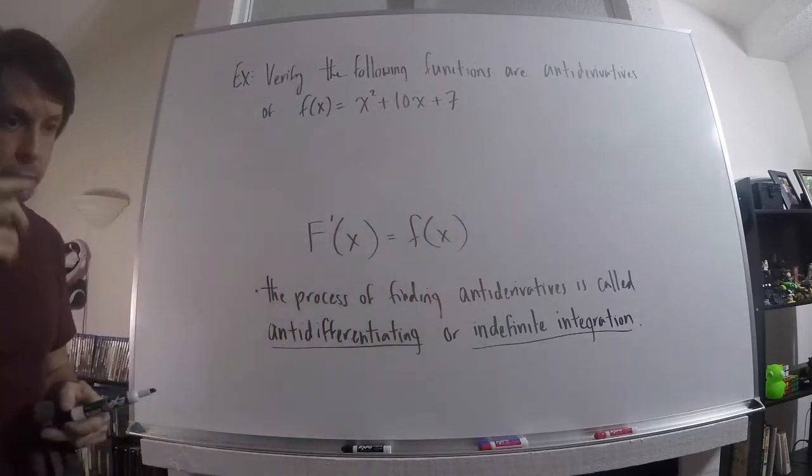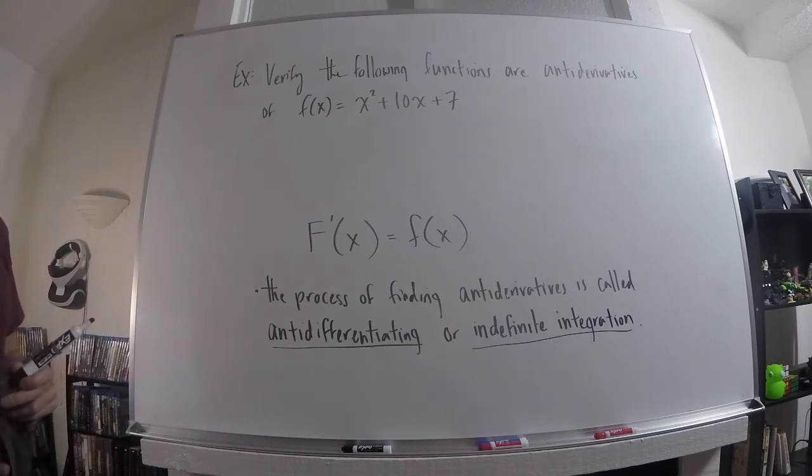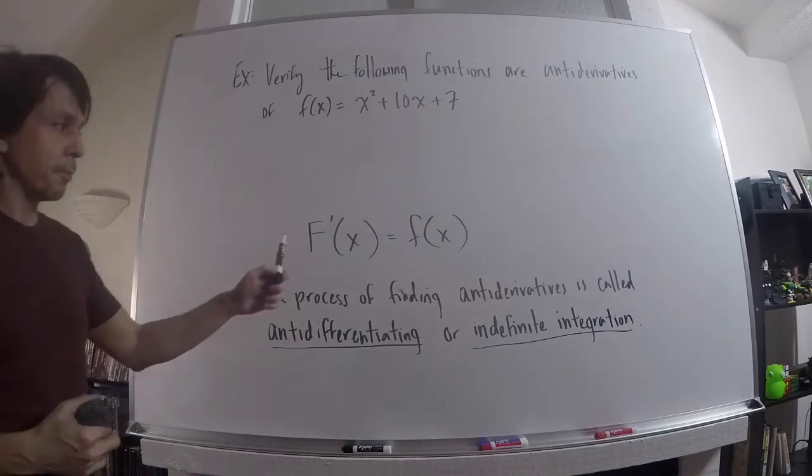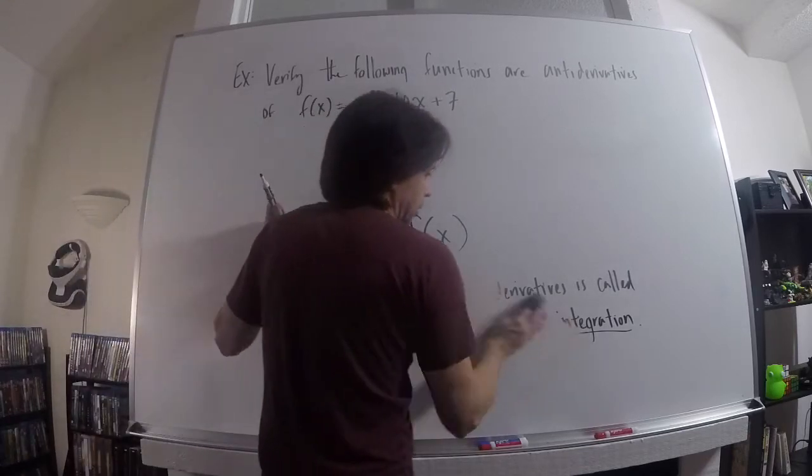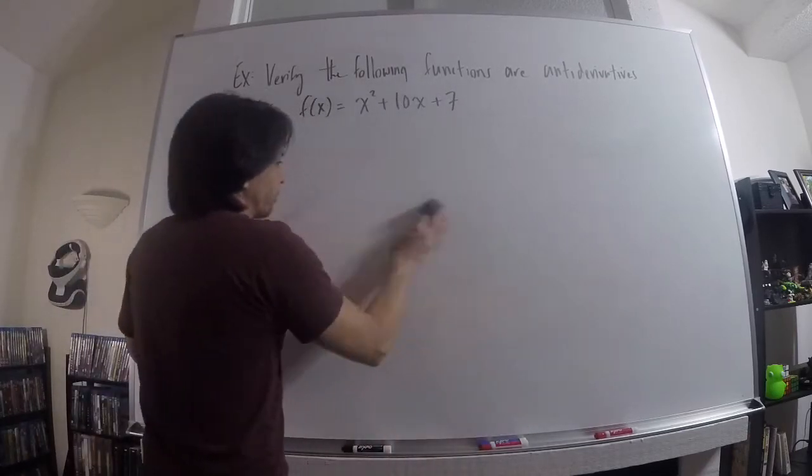So I'm going to give you a function, and then I'm going to give you antiderivatives, and we're just going to verify that they bear this relationship. Just to get you a feel for what's happening. Okay.